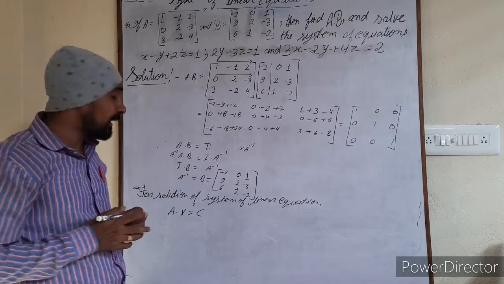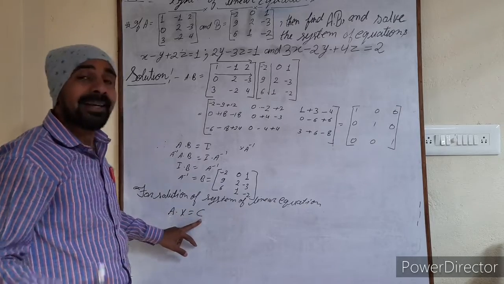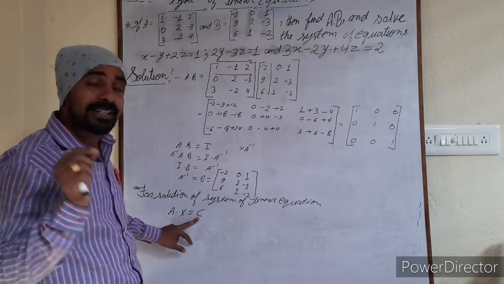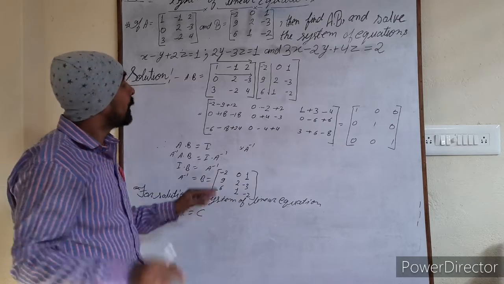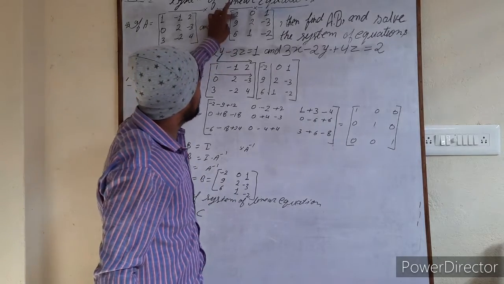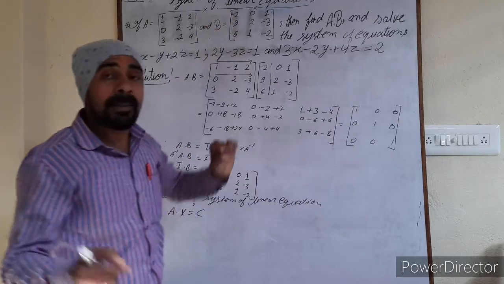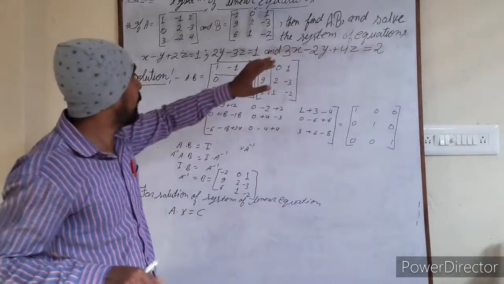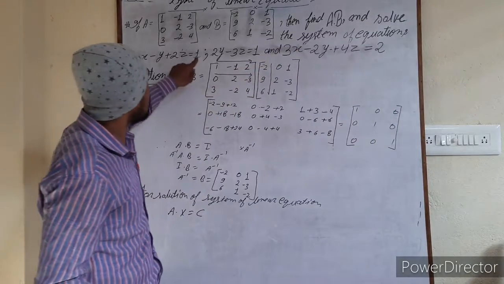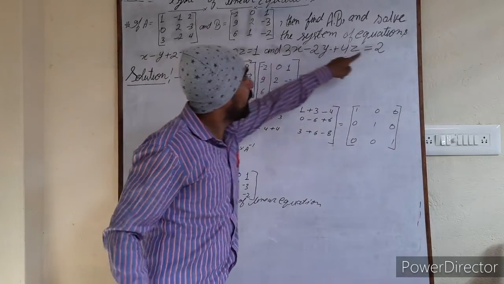I'm repeating myself that C won't be accepted here, B won't be accepted here, as we had written in previous question that Ax is equal to B, because B matrix has been mentioned at -2 9 and C. But for the solution of this concept, we must have B as 1 1 and 2.